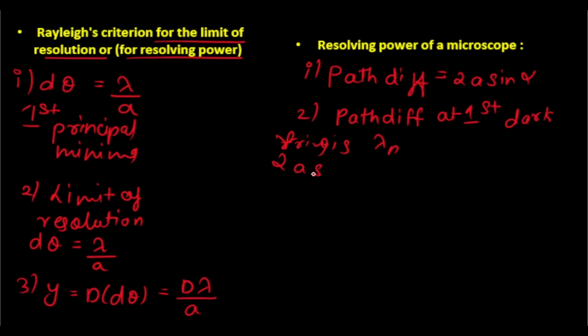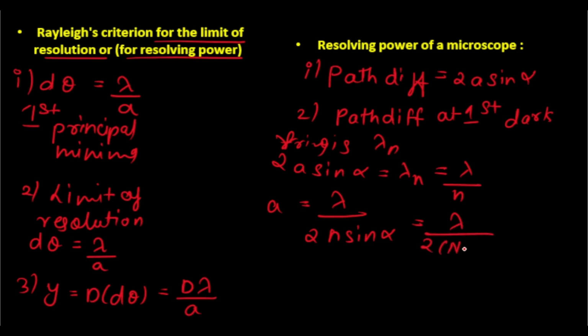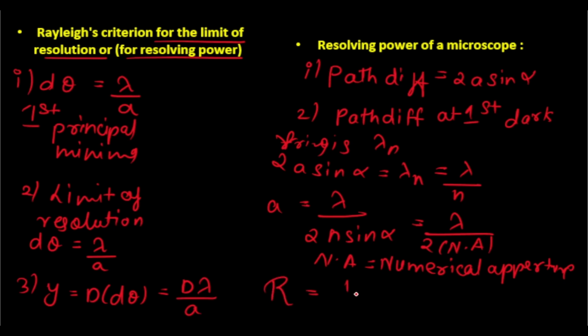So 2a sine alpha is equal to lambda by n. So a is equal to lambda by 2 n sine alpha, which is lambda by 2 NA, where NA is the numerical aperture. Now the resolving power R is equal to 1 by a, which is 2 NA divided by lambda.